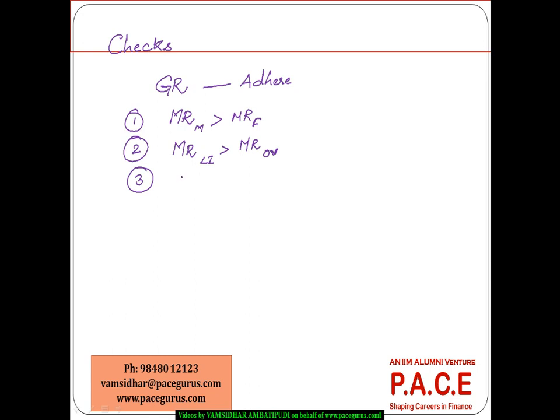And similarly, probably that's the reverse, the mortality rate of a person who has taken the life insurance policy will be lesser than the person who has not taken it, because the person who has taken it has been examined thoroughly by the life insurance company.